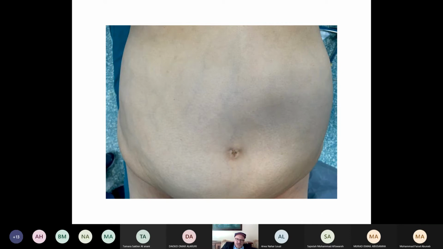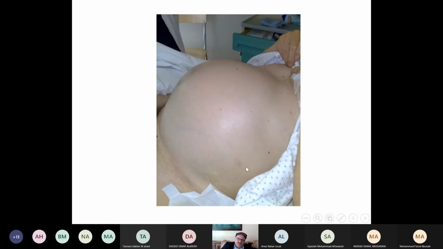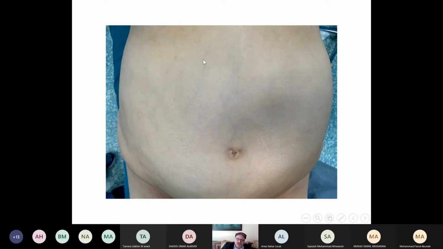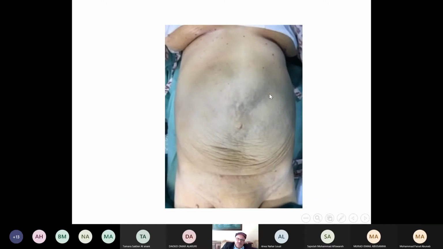So the expression that the umbilicus is shifted downward is a figurative expression. It means that the upper part is distended. So there is a difference between this distension and this distension and this distension. See the difference between the upper abdomen and the right side and the left and lower, which is collapsed.